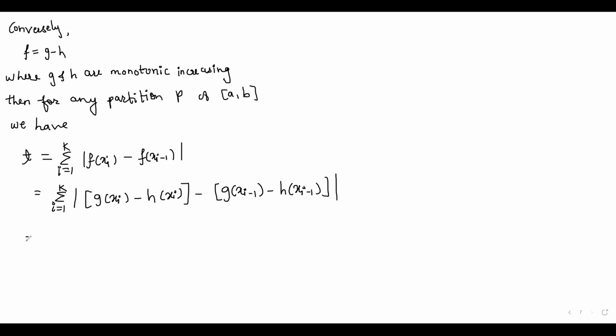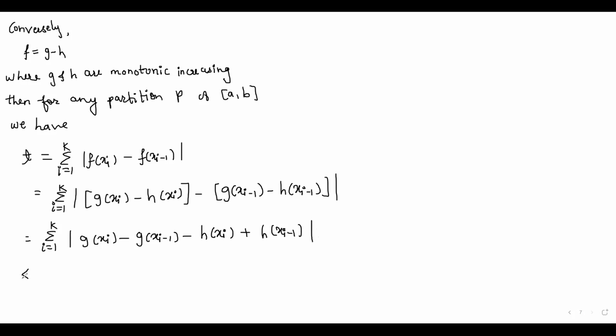Now rearranging this term, we get summation i from 1 to k mod of g of xi minus g of xi minus 1 minus h of xi plus h of xi minus 1, mod complete.